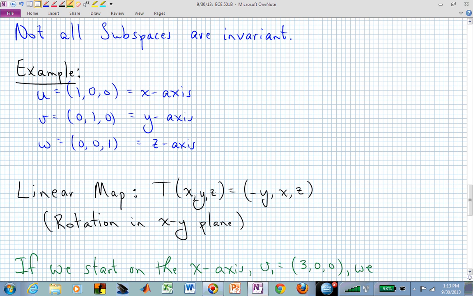But the one thing we should note is even if you define a subspace or do a direct sum decomposition of some vector space, you're not guaranteed that that particular set of subspaces will produce invariant subspaces, or vectors or subspaces which, when operated on by a linear map T, go back into the subspace that you began in or that the input vector was a part of.